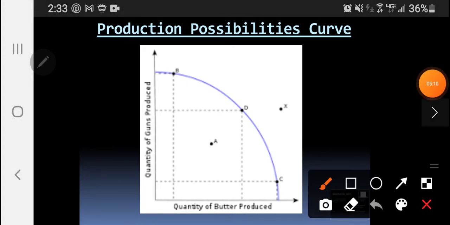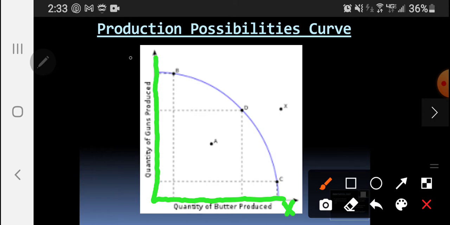So, on the bottom, I'll do this in green, we have the x-axis, and going up and down, we have the y-axis. And why do we have two axes?